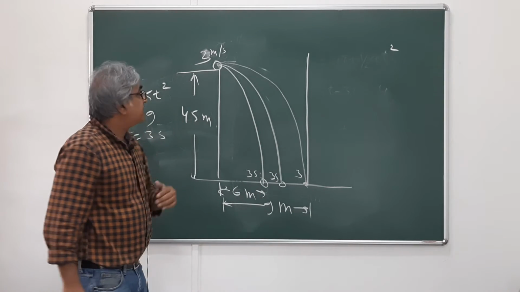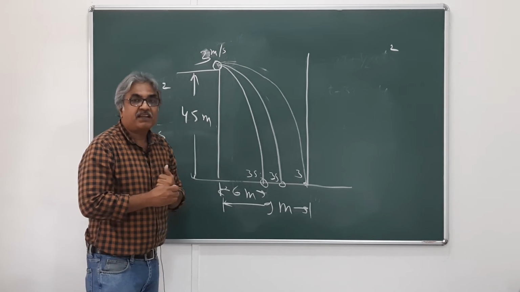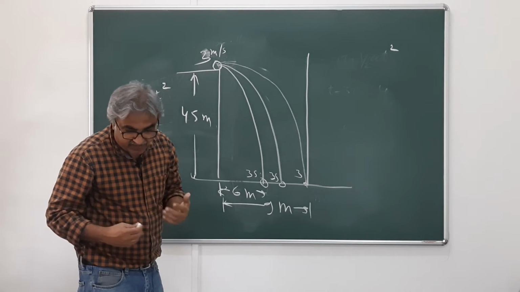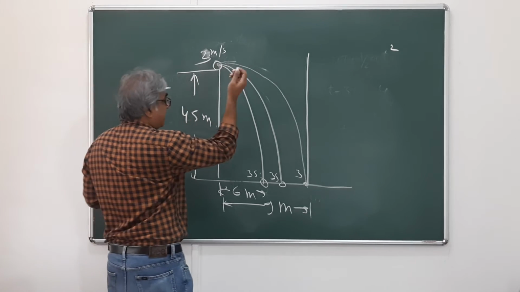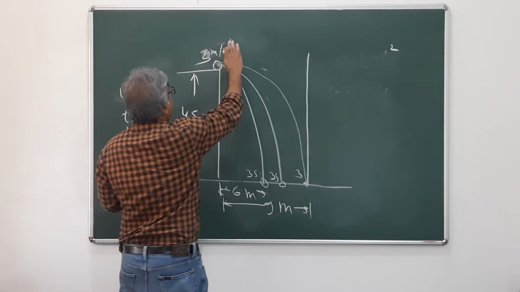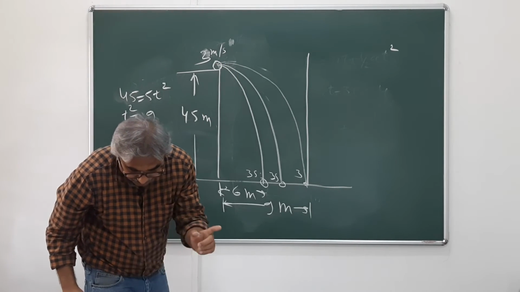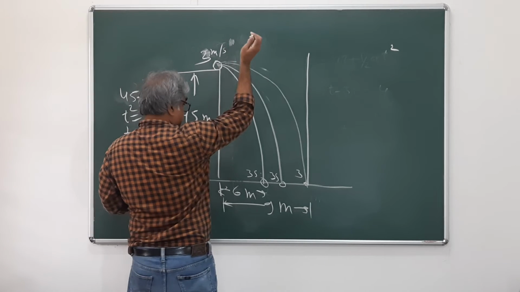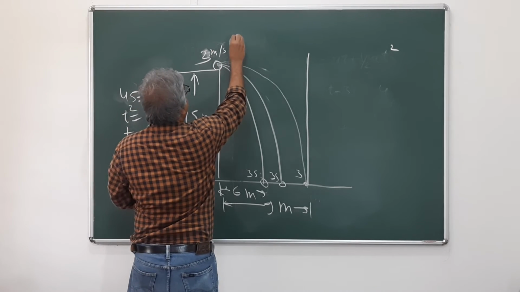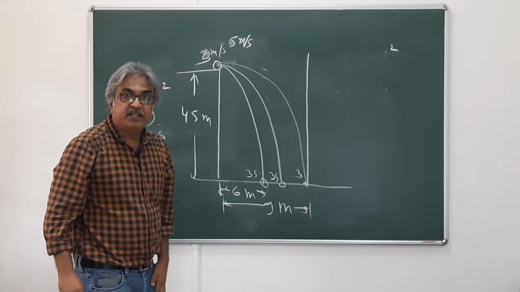Now suppose we increase the velocity and throw the ball with higher velocity, let's say 5 meters per second.